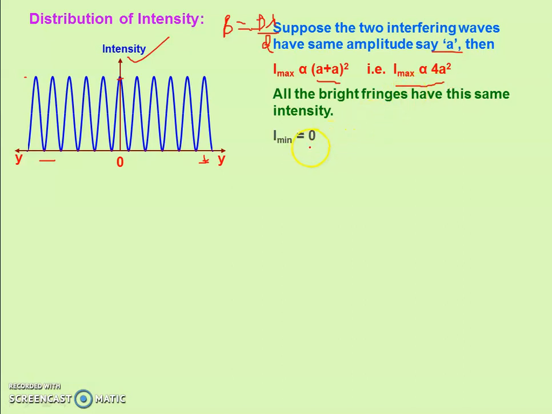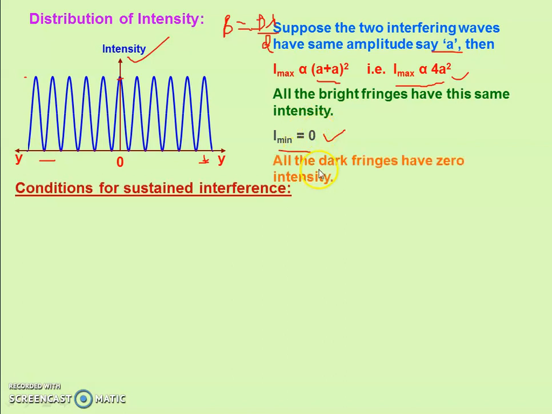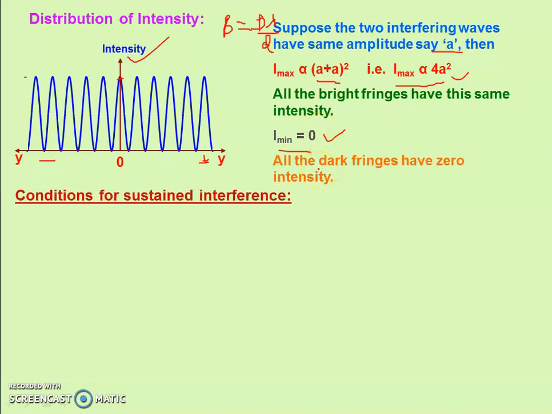Since it is (a minus b) whole square, it means (a minus a) whole square, so the minimum intensity will be 0. So the maximum intensity will be 4a square and the minimum intensity will be 0. So the intensity of maxima will be directly proportional to 4a square and the intensity of the dark fringe will be 0, right? Now, condition of sustained interference.